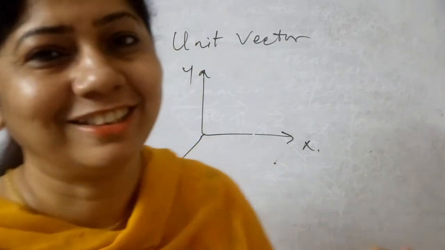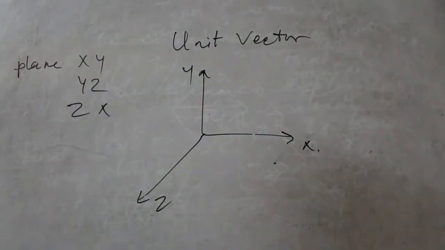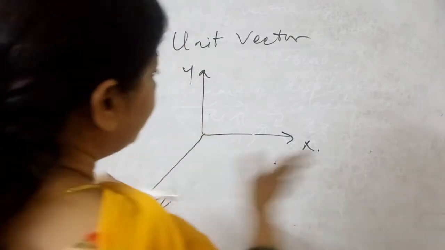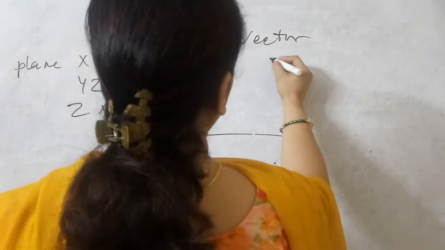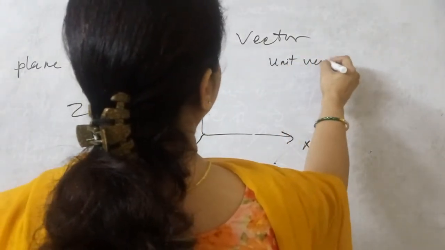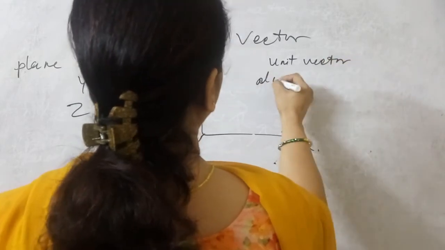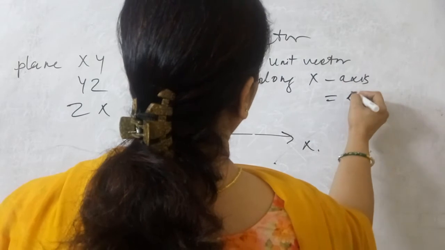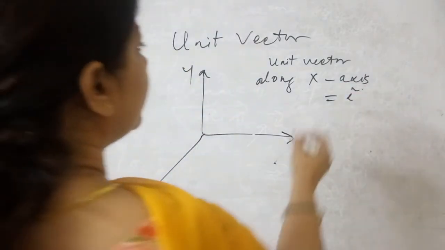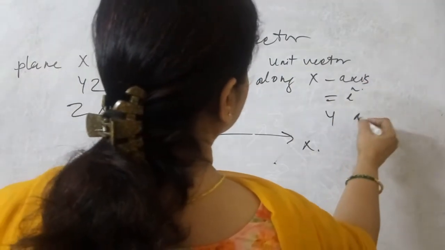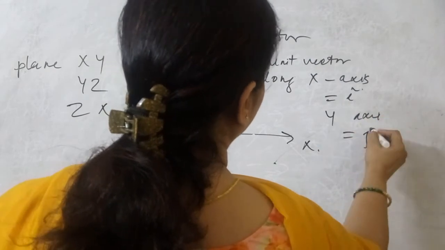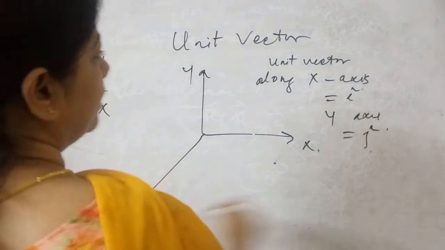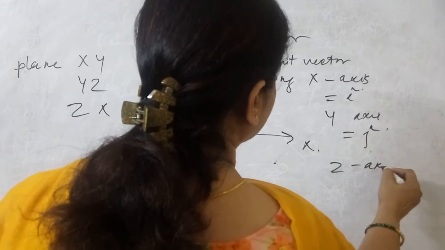Okay, so the direction for x-axis, the unit vector that we take along x-axis is equal to i caret. Similarly, the unit vector along y-axis, we take j caret, and the unit vector along z-axis is taken as k caret.